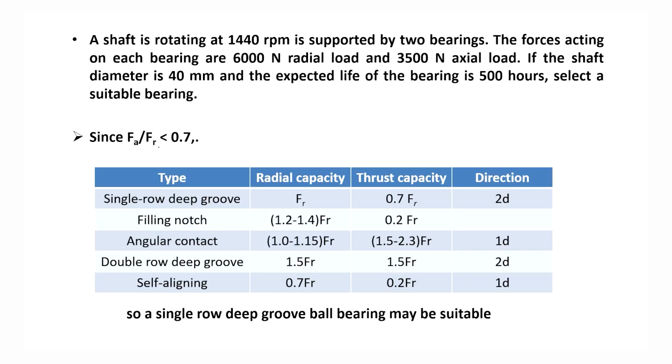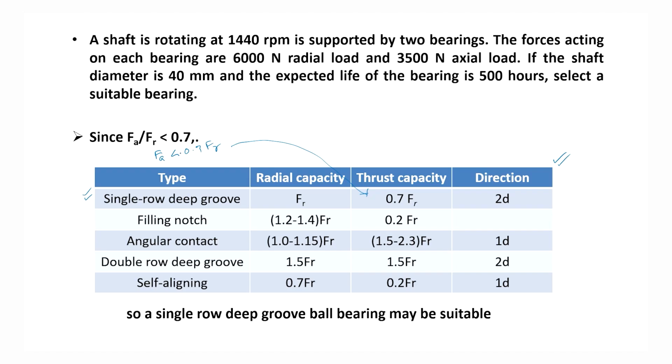Since Fa upon Fr is less than 0.7, we will go in this table. It means Fa is less than 0.7 of Fr. This condition is satisfied, and so we will go for the deep groove ball bearing.